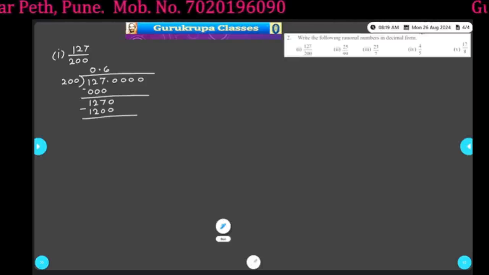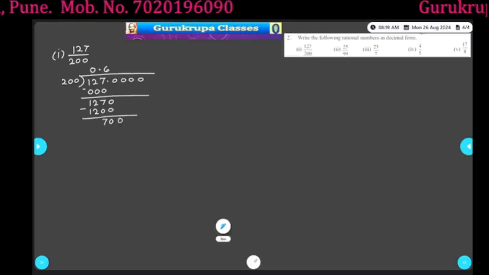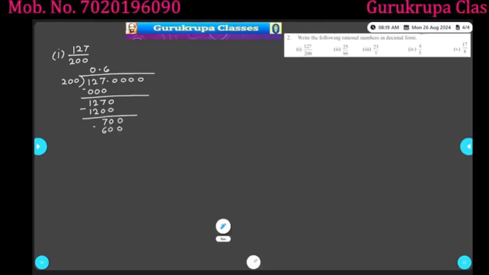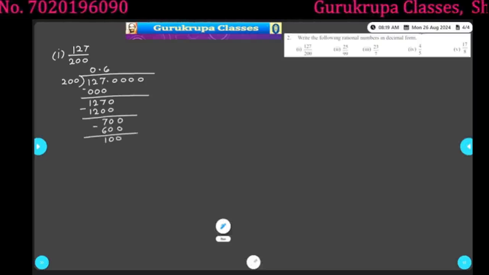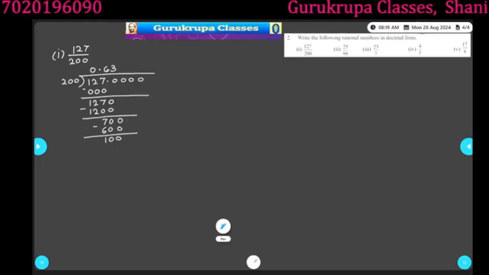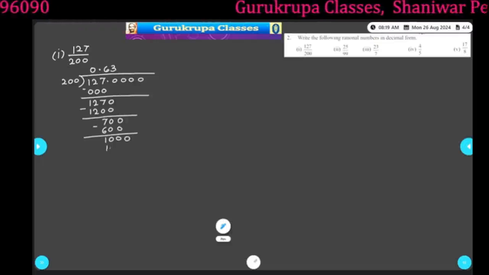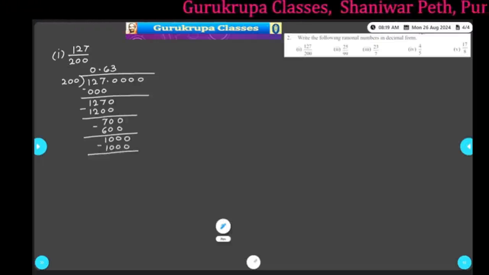So here we get 70, taking the next 0, 700. 2 3s are 6, means 200 3s are 600. So we get 100 over here. Then taking the next 0, we get 1000. 2 5s are 10, and 2 zeros means 1000.